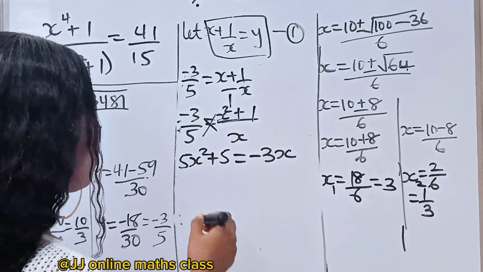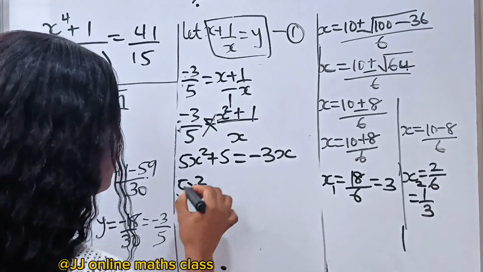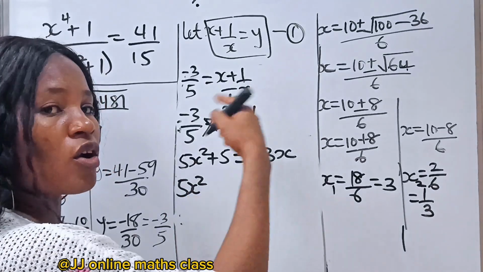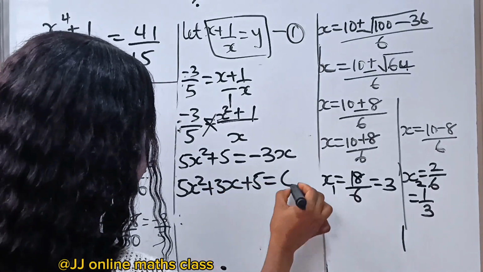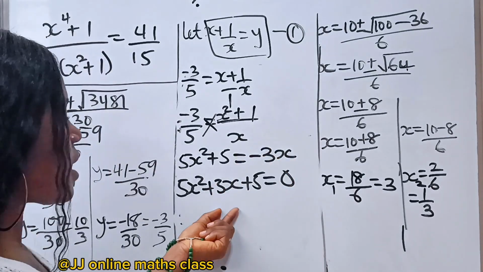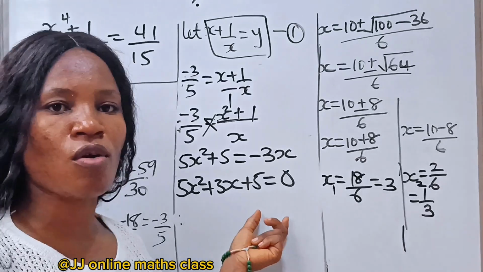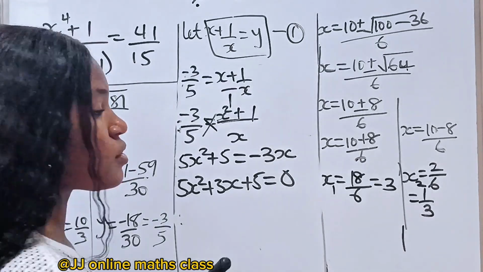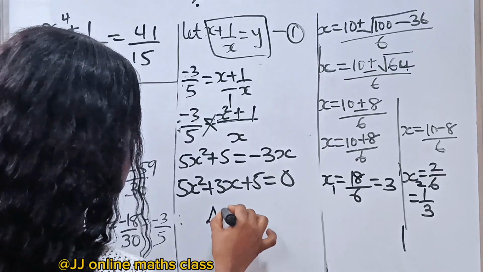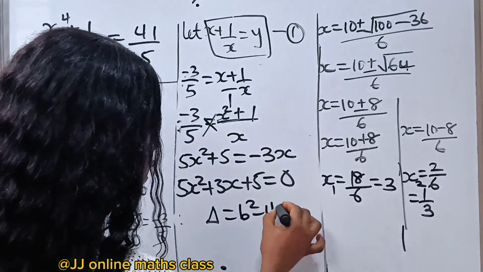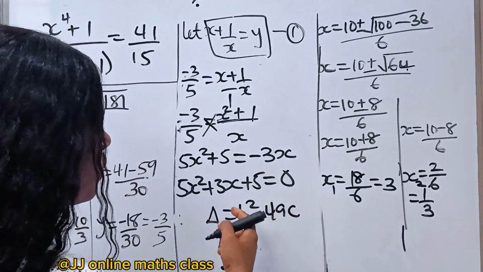So let's arrange this well as a quadratic equation. We have 5x squared. This minus 3x will cross to become plus 3x. Plus 5 is equal to 0. Now looking at this, let's first of all get the determinant of our x. If we use the quadratic equation formula, the determinant is the same thing as b squared minus 4ac. Now let's solve it first.